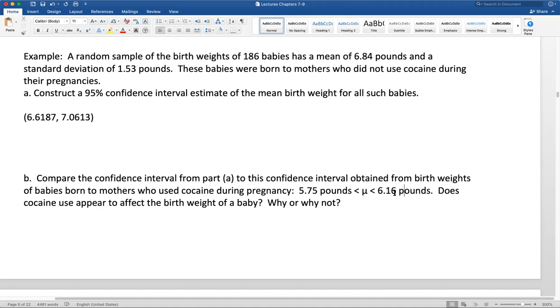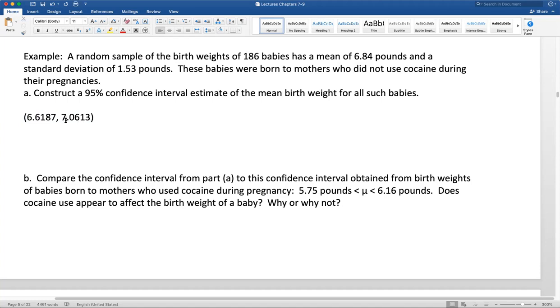But in part A, it means that we are confident that the population mean is between 6.6187 and 7.0613 with a 95% confidence level.